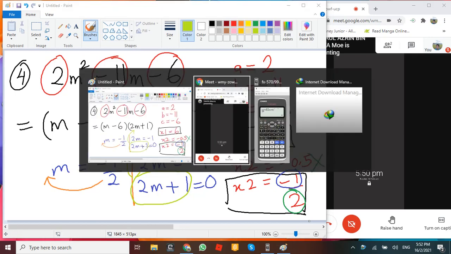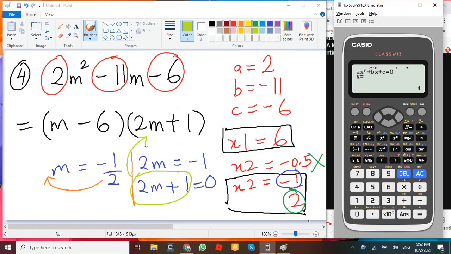How about the other calculator? So the other calculator, the value of a equal to 2, b negative 11, and c negative 6 equal.